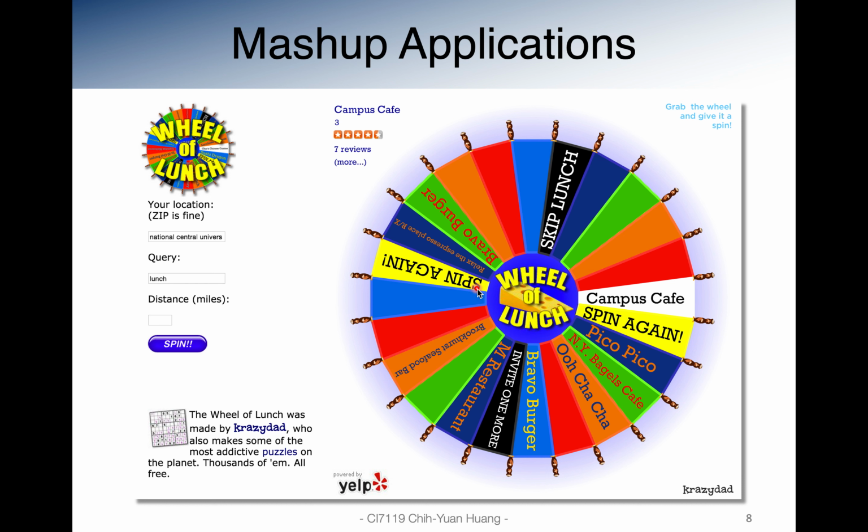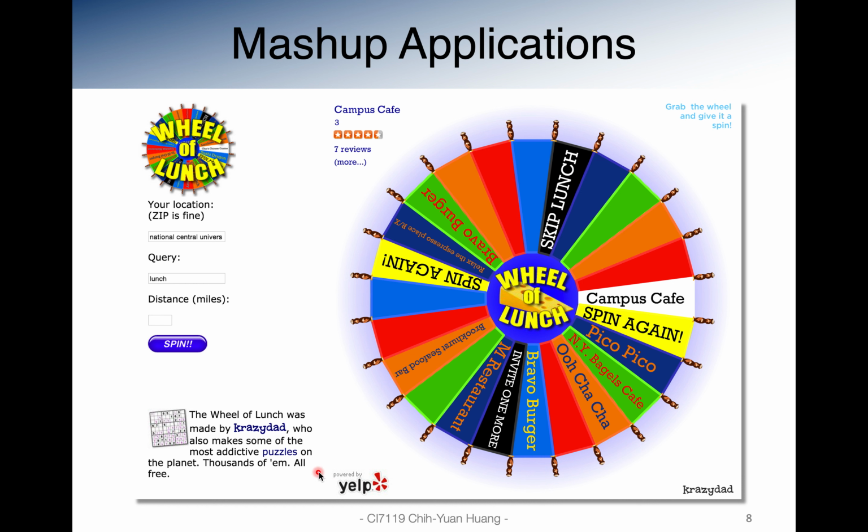What you can do is put those choices over here, click on the center, and the lucky wheel will start spinning. Then you wait for it to stop, and it gives you a choice. So basically, it's also a mashup application.